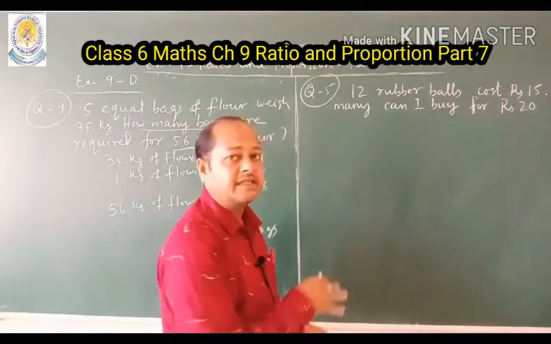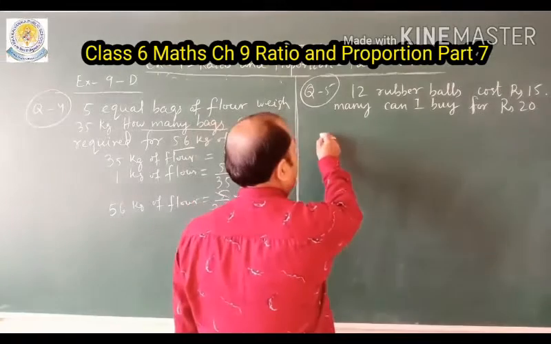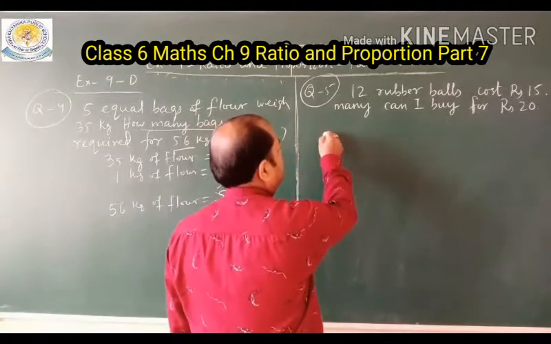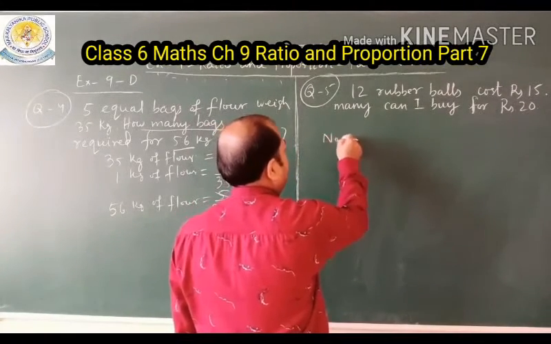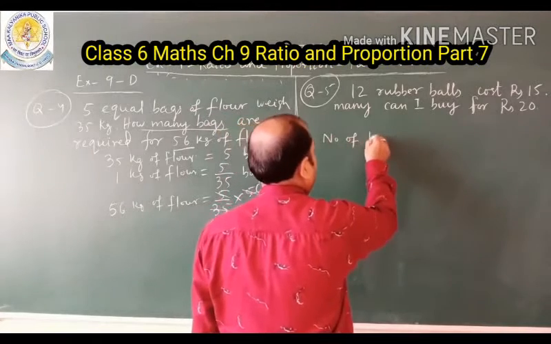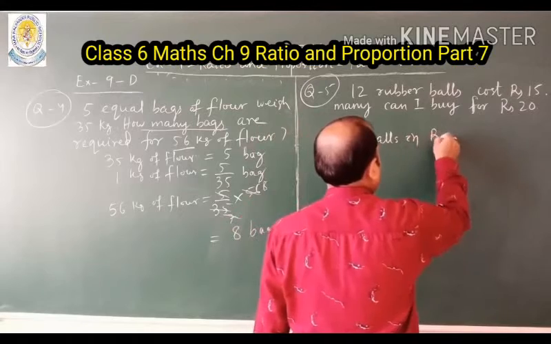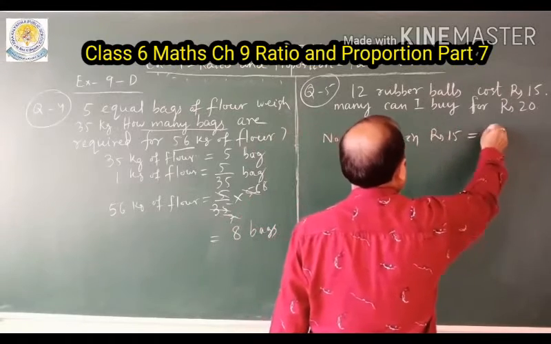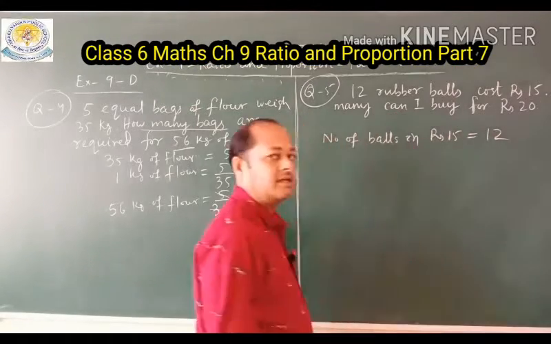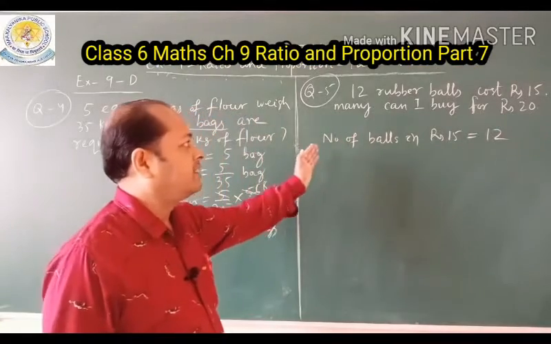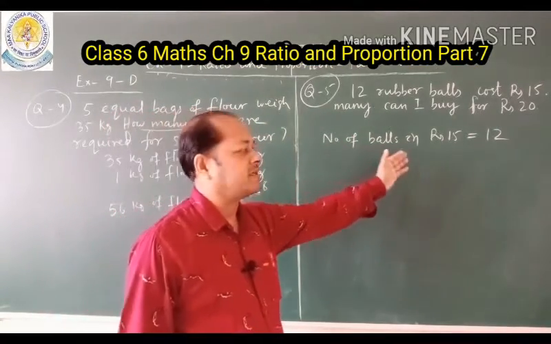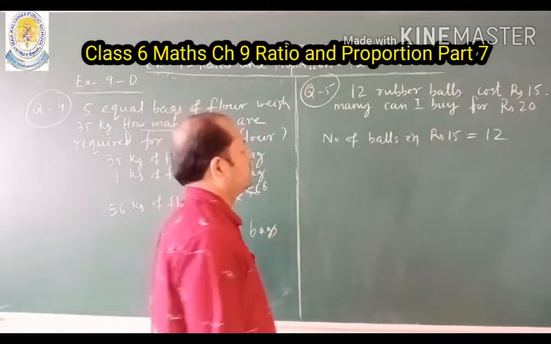So how to write in the reverse order? Number of balls in rupees 15 equals 12. So in the reverse order I am writing number of balls in rupees 15, how much? 12 balls.